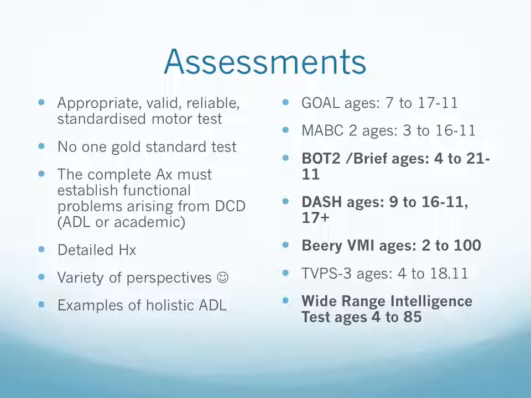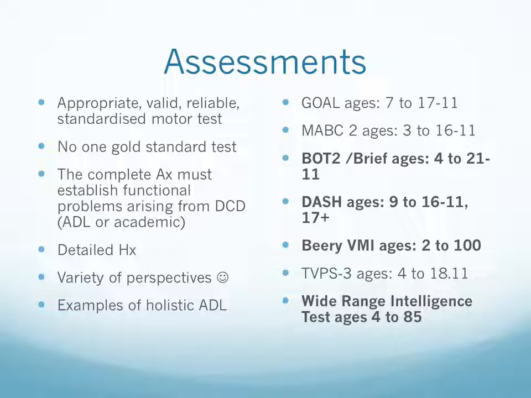It's a good investment. The DASH, the Detailed Assessment of Speed of Handwriting, is great for looking at posture, pressure of the pen on the page, grip, all of those qualitative things in addition to the speed of handwriting, which is good for obviously children at school, those in college and upwards.